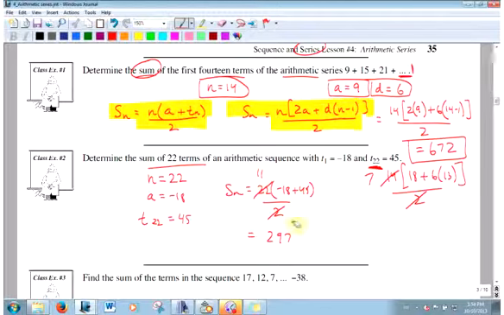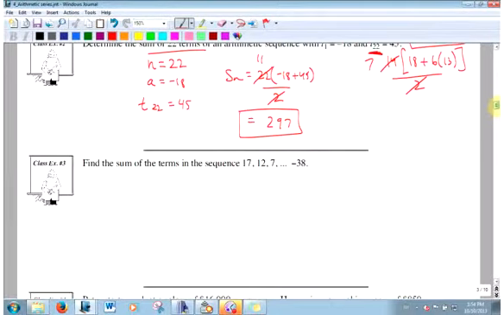Or do it the way like I did on the calculator. Okay, 2 down, 2 to go.